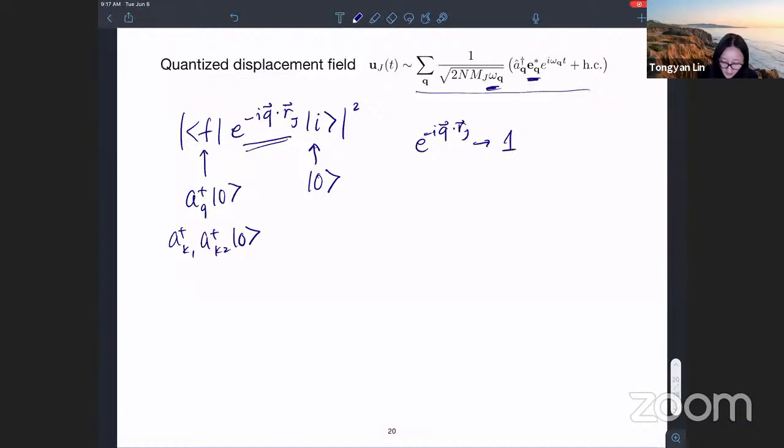So you'll get one, which is basically no scattering, but you also get a contribution of i q·u in there. And you can see that will give us a matrix element with the one phonon state.